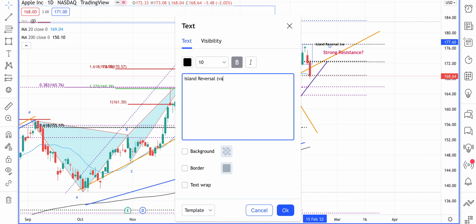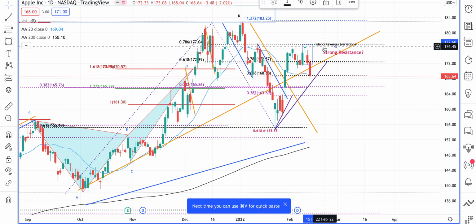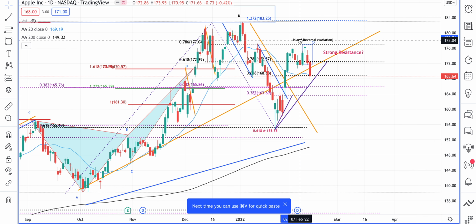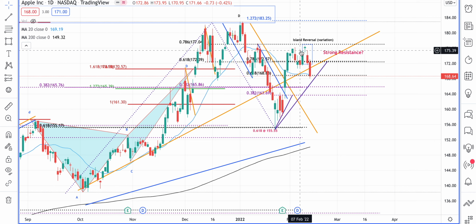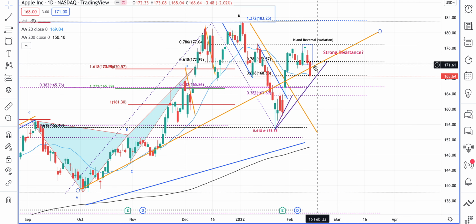I would say it's a kind of variation of it with a similar pattern. The reason is that it has a tail which is going into the body of the candle, but then it closed lower and stronger.